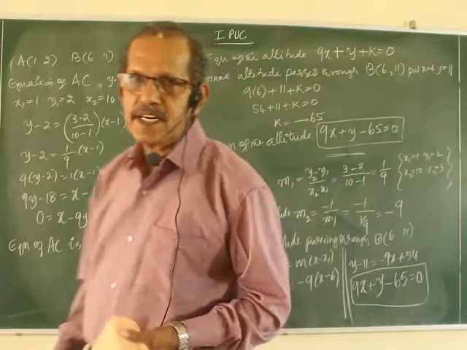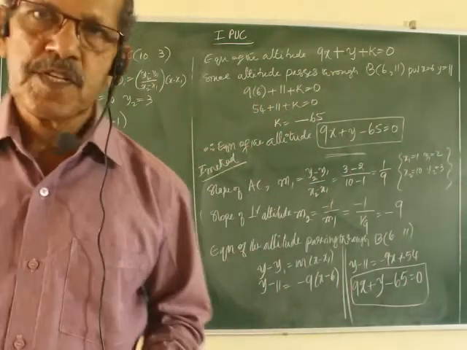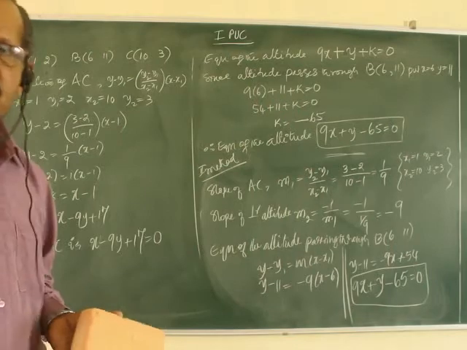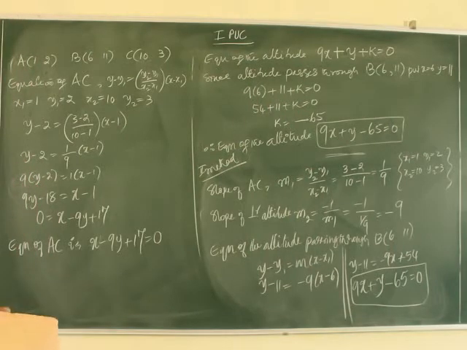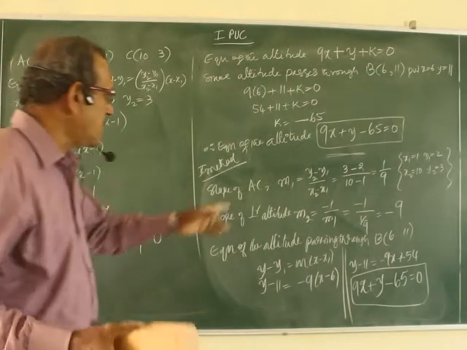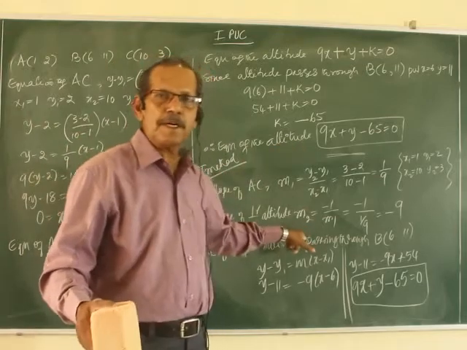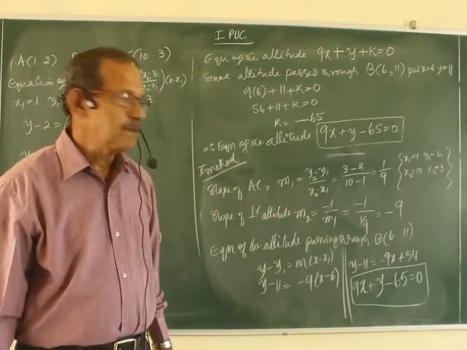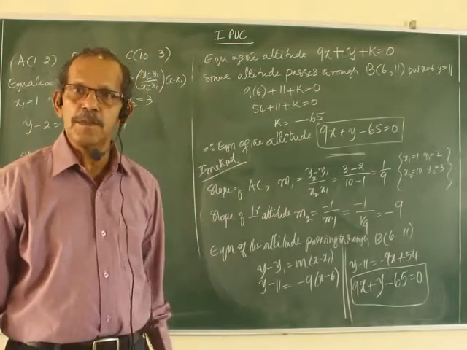There are two methods for the same problem. One: write the equation of the base AC, interchange the coefficients. Another: straight away find the slope of the perpendicular altitude, m2, and after that use the slope point formula.